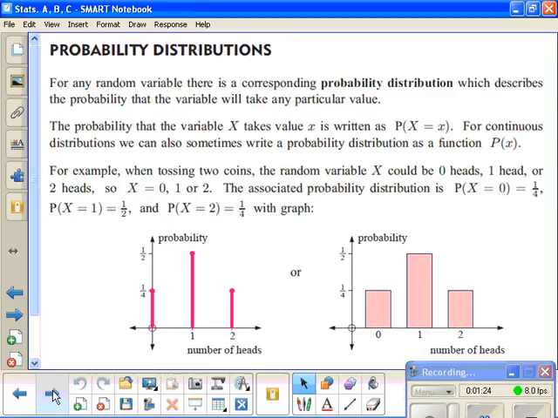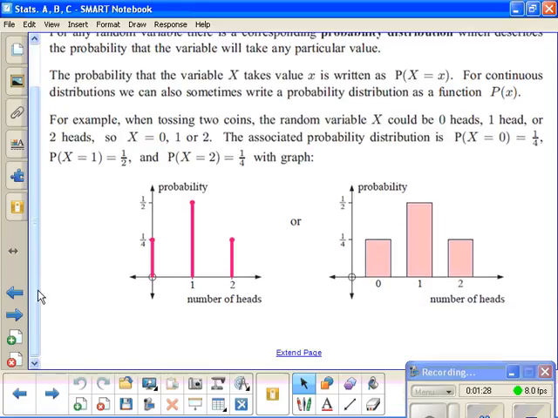For a random variable, there's a corresponding probability distribution. So this is the probability distribution of the number of heads I can get when I flip a coin twice. I could get 0 heads, I could get 1 head, or I could get 2 heads if I'm flipping 2 coins. Really all it is showing is that I could get a tail and a tail, a head and a tail, a tail and a head, and a head and a head.